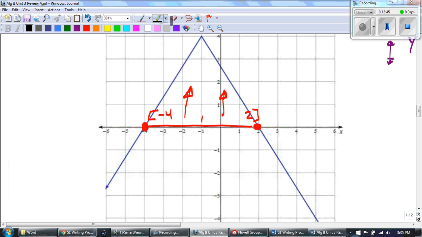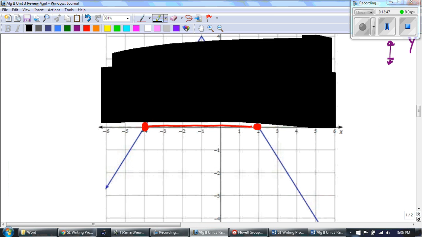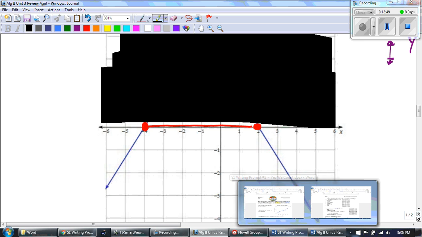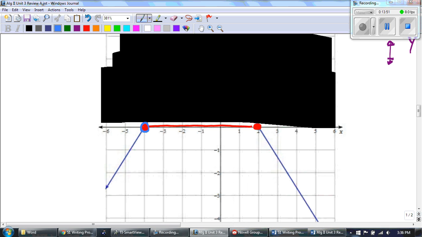Well, so when are we below 0? Well, we're below 0 the rest of that time. I am below 0 from negative infinity, okay, negative infinity all the way over here, to negative 4. There's a break in our graph right here, because that's where it's above, and then I start being below 0 again from 2 to positive infinity.